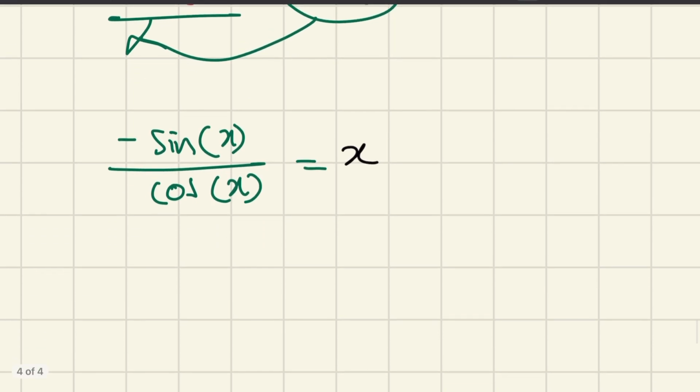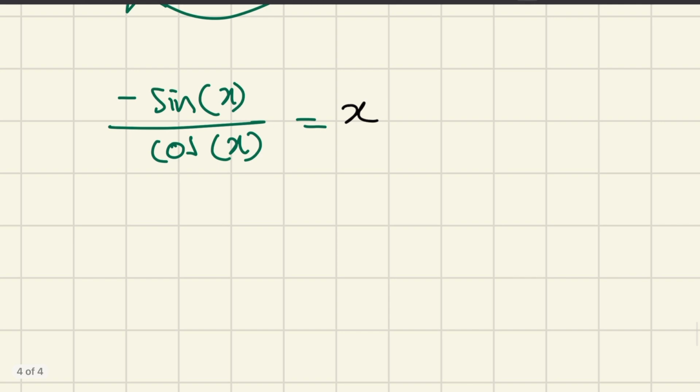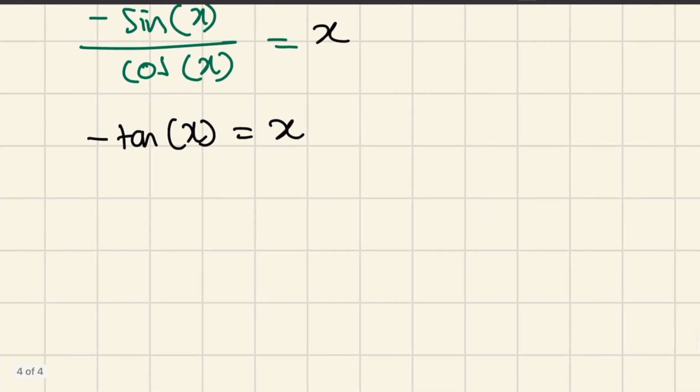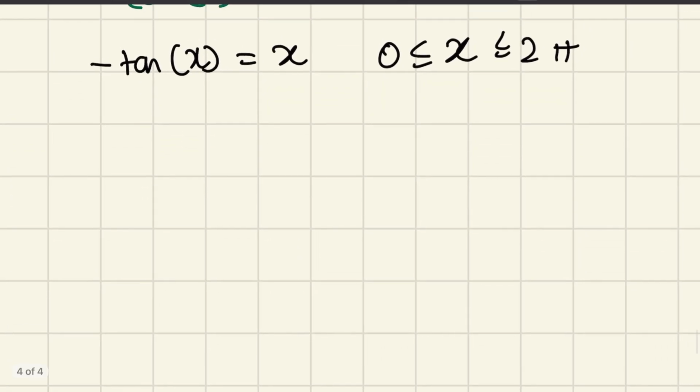Now what we want to observe is that sine x on cos x can actually be an expanded version of tan x. So this just becomes negative tan x is equal to x. Now, if we solve this in our ClassPad in the domain 0 to 2 pi, we get the following solutions.